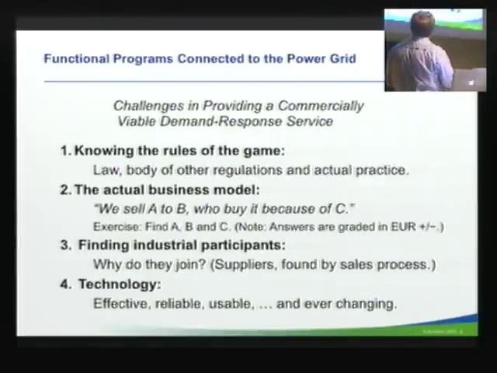And the third is finding industry participants. Why would they want to join us? The interesting thing is we constantly call them customers, but they are our suppliers. They supply energy and get paid for it. But we need to get them to do that. So we have a sales process to find our suppliers. It's like a reverse world.